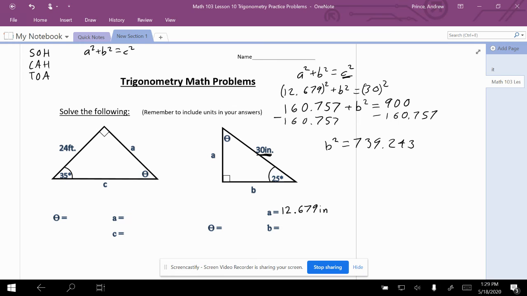The only way to get rid of the squared is to take the square root. So the square root is going to cancel out the square, and that'll leave me with b equals the square root of 739.243. Again, we'll have the calculator do that calculation for us. And that gives me b equals 27.189.